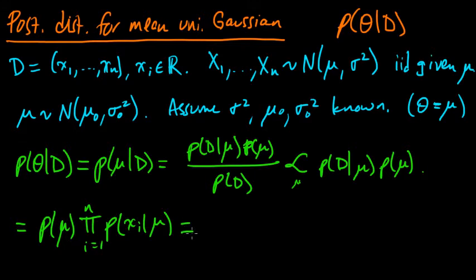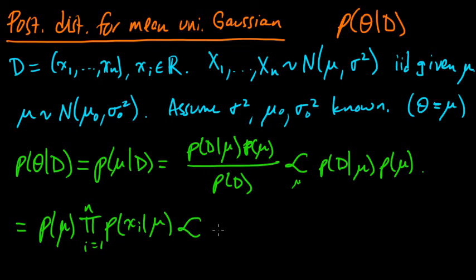And let's go ahead and plug in the expressions for the normal, since we've got this in a nice form and we have expressions for each of these quantities. And I'm going to use proportionality here because there are constants that we can just drop, because these things are all known.